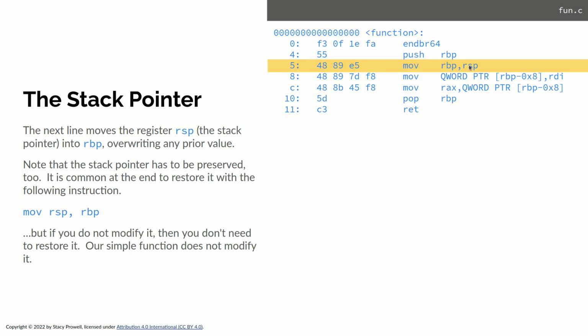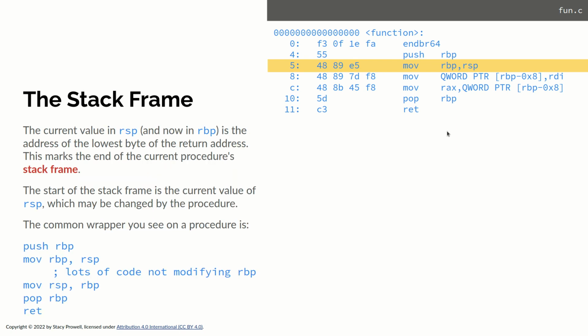And that's fine. Now, normally at the end, we would move RBP back into RSP. We don't modify the stack pointer anywhere in here, and so we don't need to do that. So normally you use something like RBP moves back into RSP. You don't have that here. The compiler didn't think we needed it, so it didn't put it out.